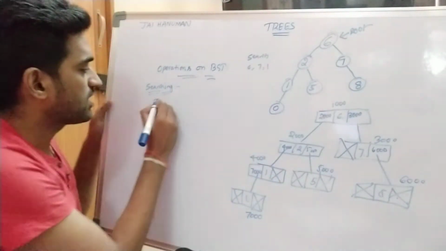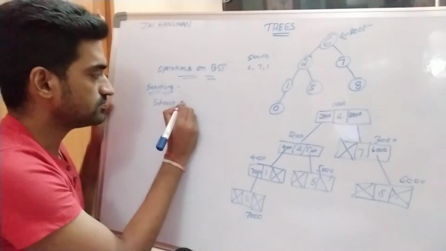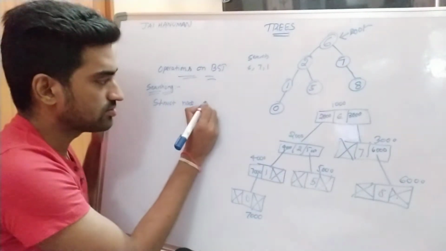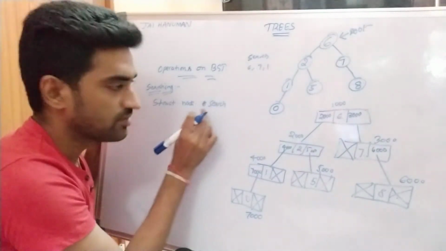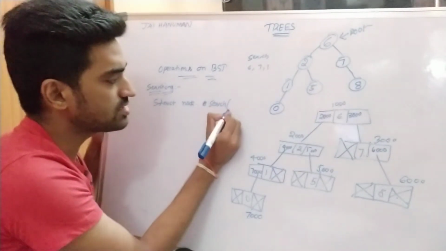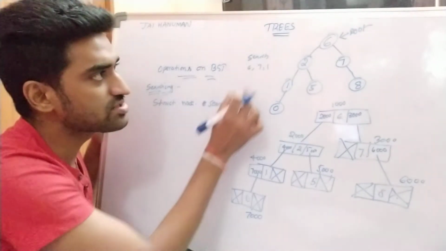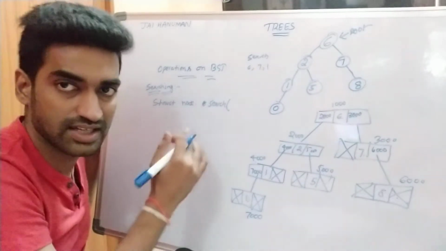Here I am writing the function definition for struct node search, the function definition for the searching operation. In this we are passing two arguments: one is the root node and the other is the key element. The key element is nothing but the searching element, right?